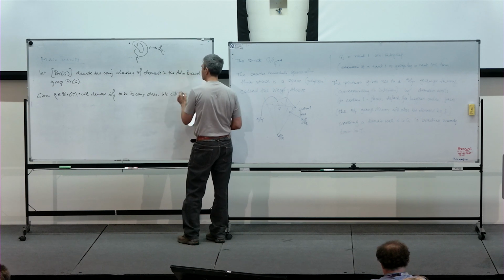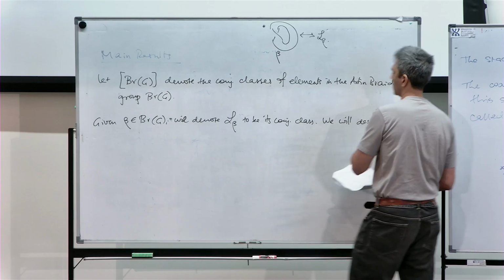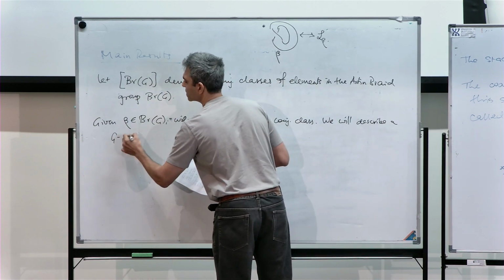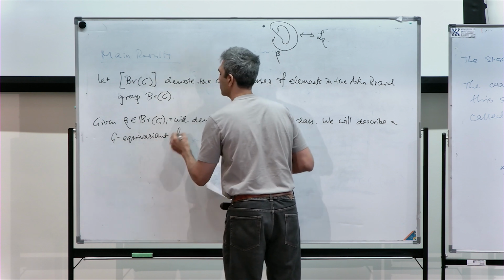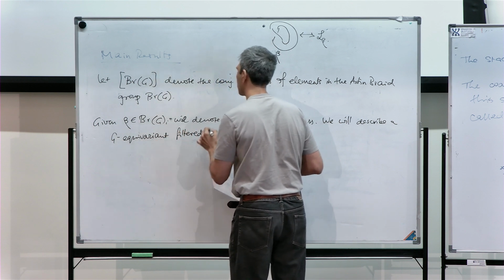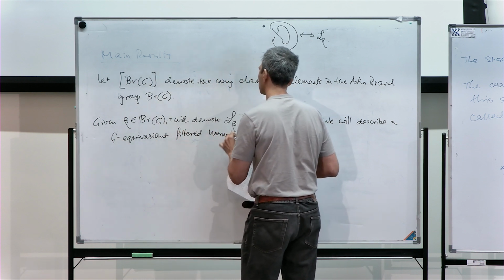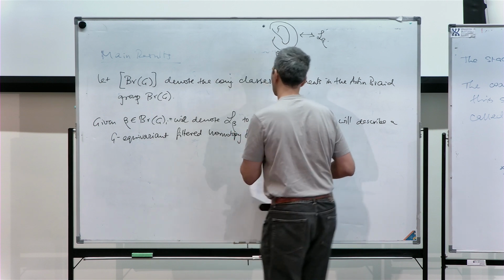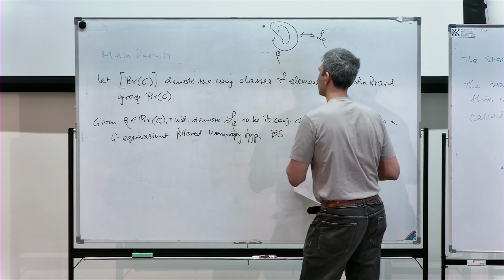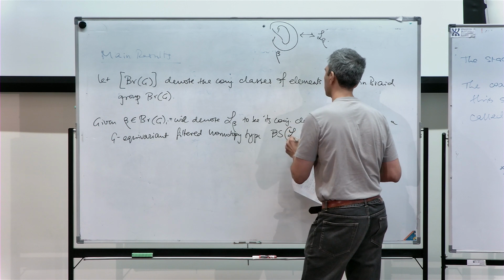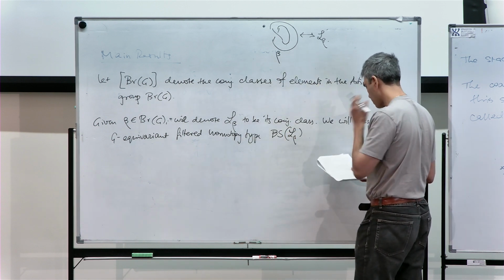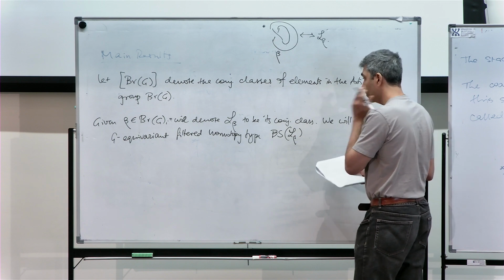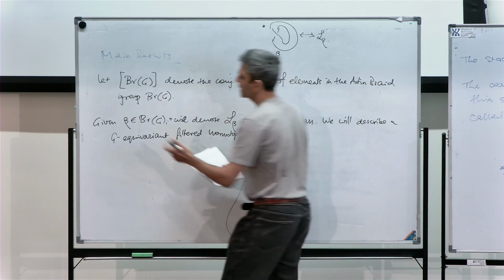So we will describe a G equivariant filtered homotopy type, which I'll write BS, for broken symmetry, of L of beta. Okay, what can you say about this filtered homotopy type?